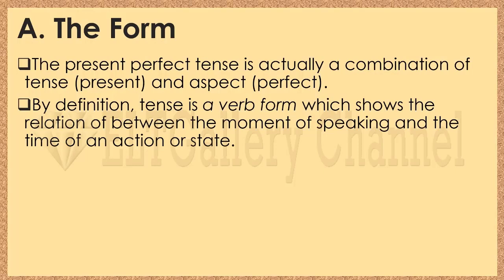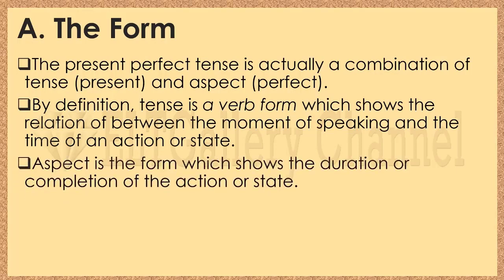So a tense is the verb form which shows the connection between the moment of speaking and the time of the action or state. And then aspect is the form which shows the duration or completion of the action or state. So whether the action is still going on or is extended or is completed.